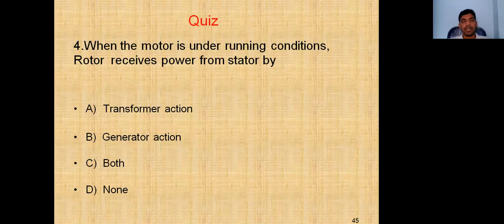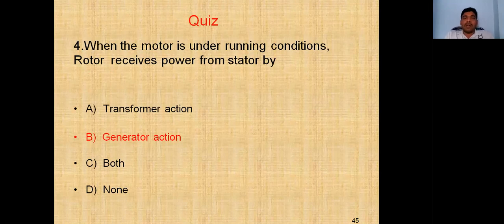The answer is generator action, because the rotor is rotating and the EMF is induced by generator action.